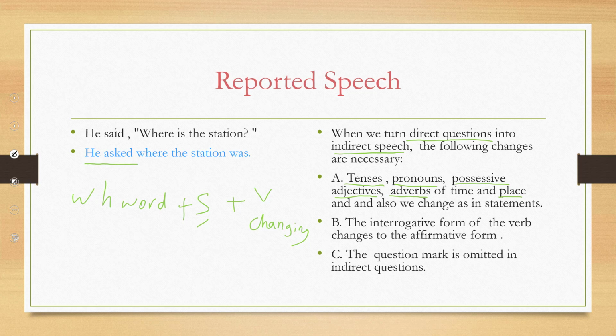And also we change as in statements. We no longer have question mark. Here we have full stop. B, the interrogative form of the verb changes to the affirmative form. Number C, the question mark is omitted in indirect question.